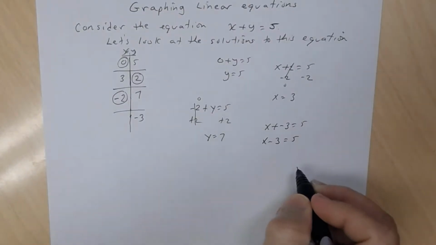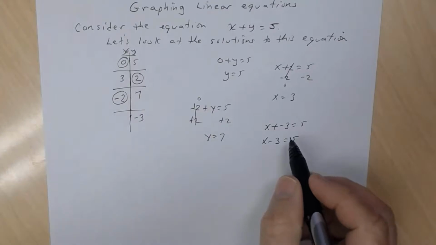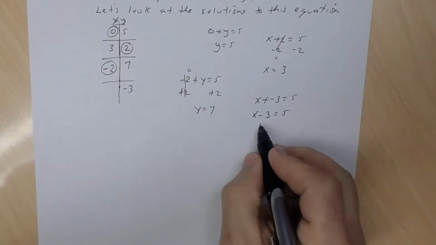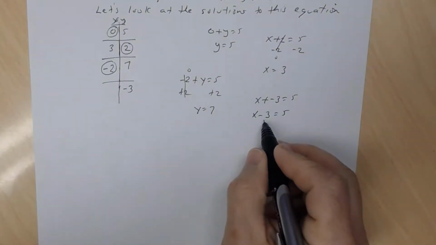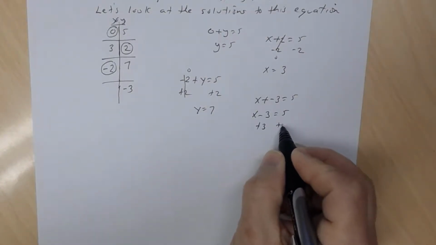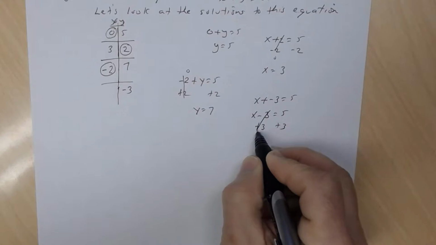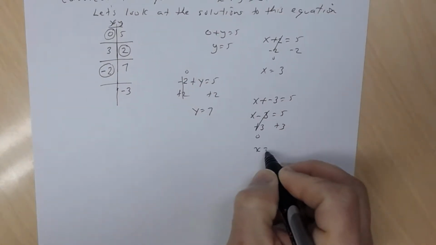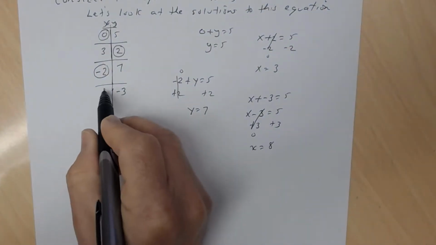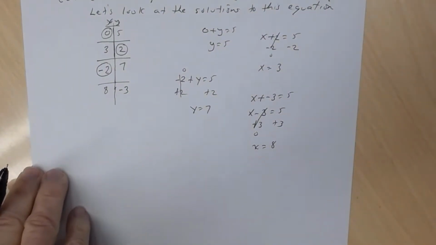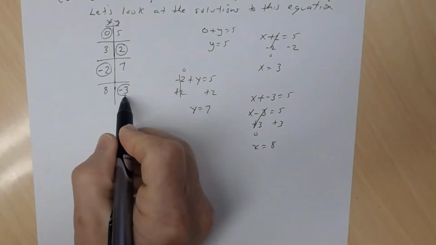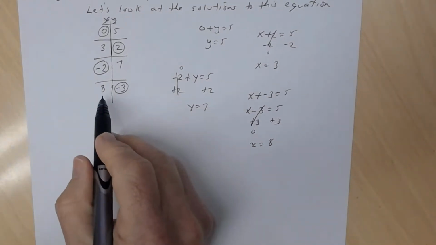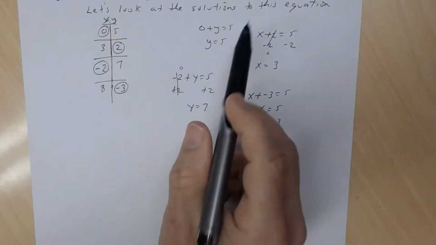So if I get x by itself, right now I'm subtracting 3. The opposite is to add 3, so I'm going to add 3 to both sides. Combine like terms, negative 3 and 3 is 0, x and 0 is x, and so x is 8. So my x value is 8. It does make sense that 8 and a negative 3 does equal 5.